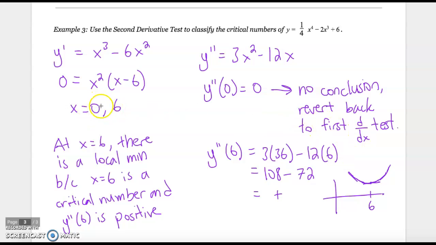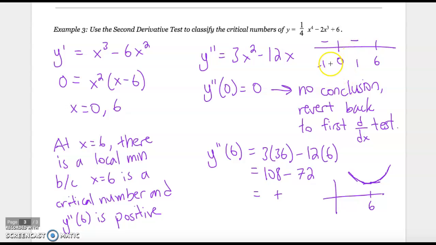For example, I could make a sign chart with 0 and 6, and then I could test values in my first derivative. If I tested -1, I'd get a positive and a negative, so negative. And then if I tested 1, I get a positive and a negative, so that's still negative.